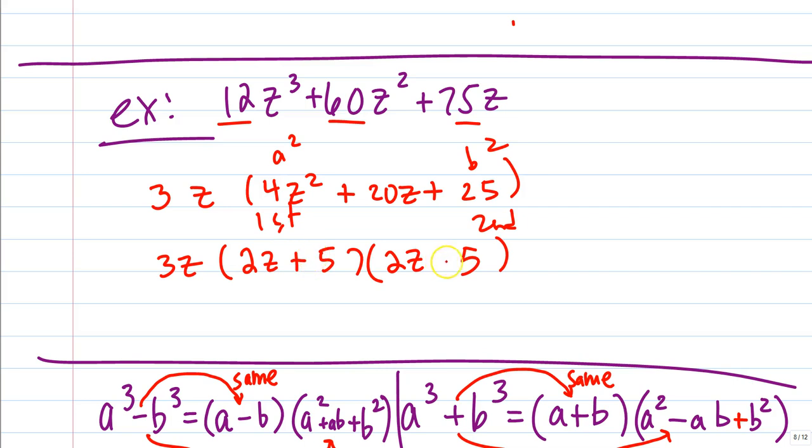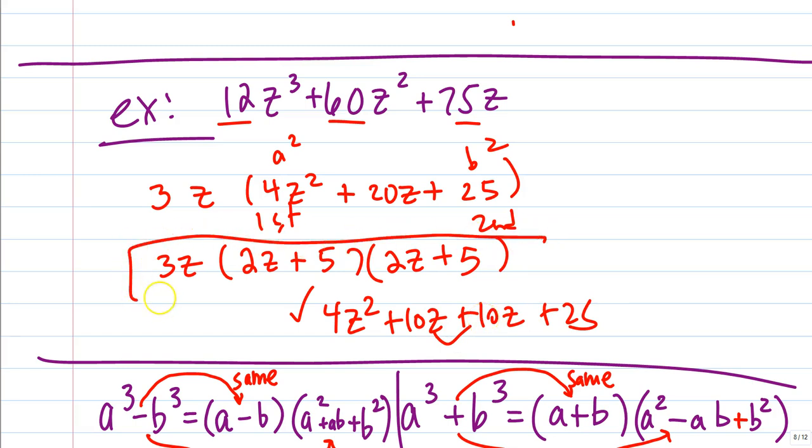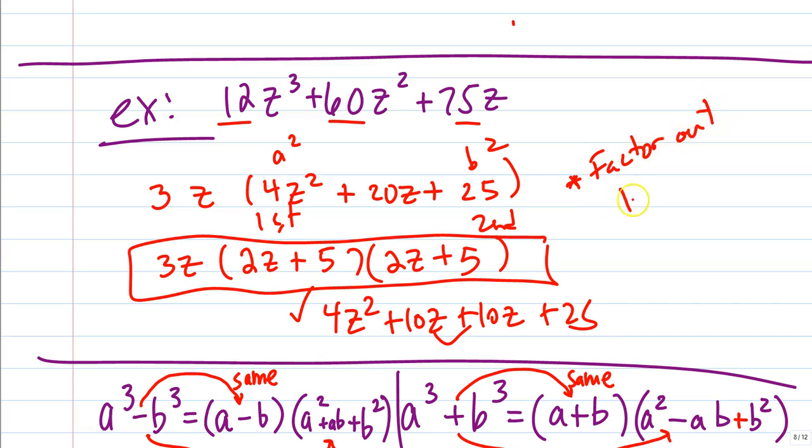If they were both positive, that would give me 4z squared plus 10 plus 10 plus 25. There's our 20. This is factored completely. So all I did was add one step. Do not forget to factor out any like terms first.